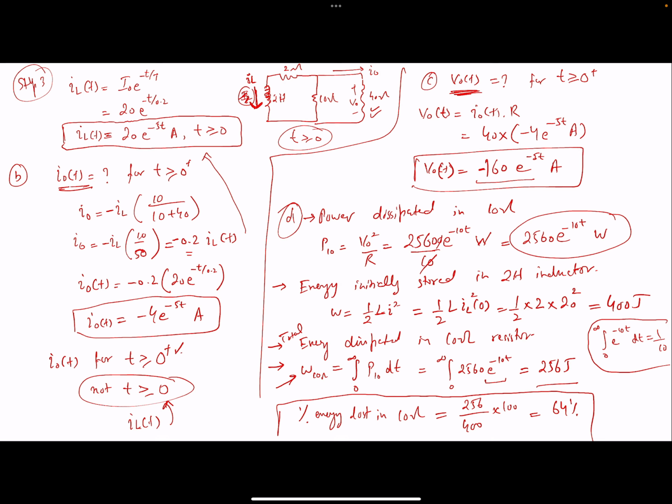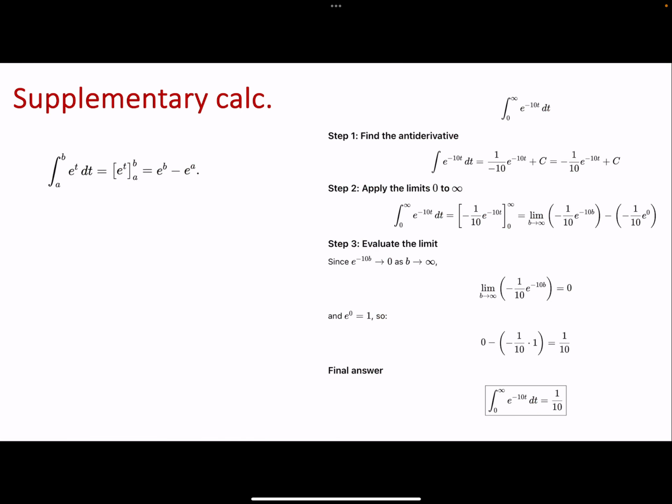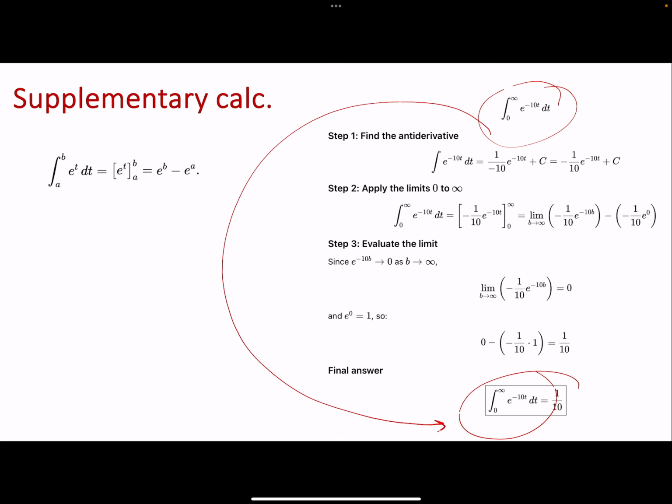You needed to find the overall energy initially stored and how much energy was lost in the 10 ohms resistor to solve this problem. The derivation is on this slide: you start from here and end up deriving that the integral from 0 to infinity of e raised to the power minus 10t equals 1 over 10.